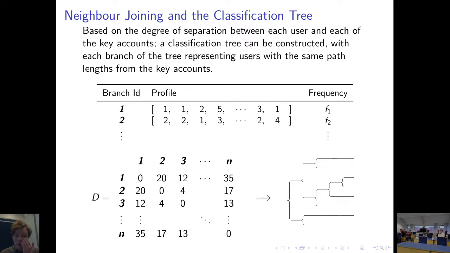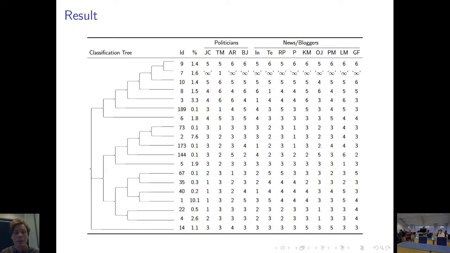And I use this tree later to see the frequency of retweets across these branches of the tree. First, this is just the version of the tree. And you can see that the key accounts here are some politicians and some influential newspapers and bloggers.